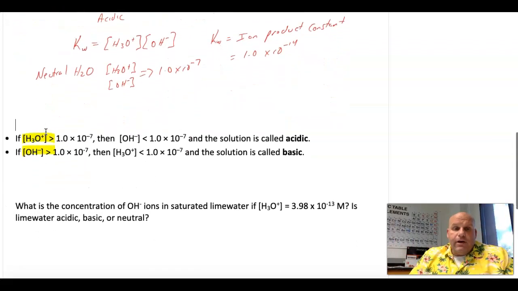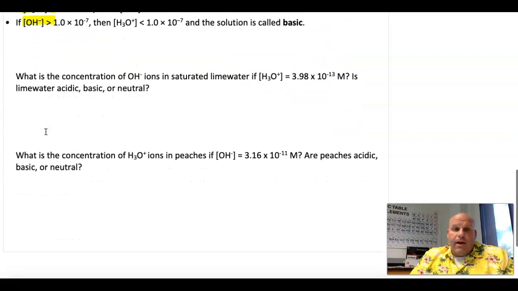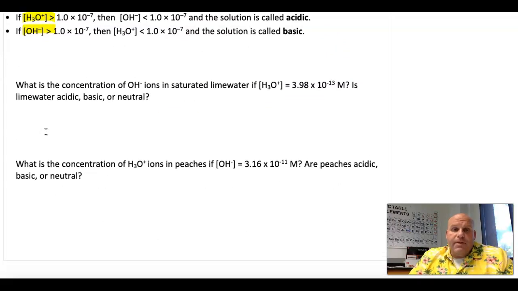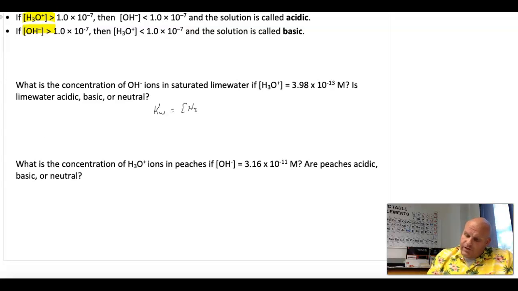Let's take a look here at an example problem. Go ahead and pause your video and copy these down in your notes. We'll do the first one together, and then I'll give you a chance to work the second one on your own. Okay, so as we saw a second ago, we know that Kw equals the concentration of H3O plus times the concentration of OH minus. I know my Kw is 1.0 times 10 to the negative 14th.